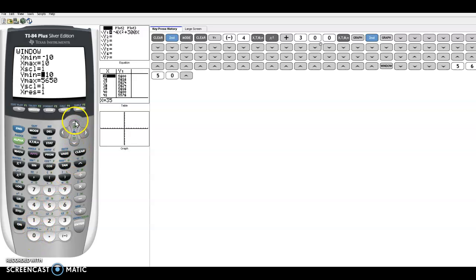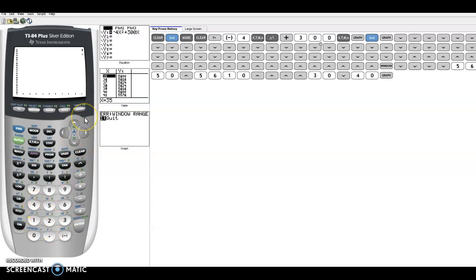And the Y minimum, let's go 5,610, because that's below what we saw as the max. We knew the X value was right around 37, so we'll change our minimum to 30 and our maximum to 40. That should show us the peak on the graph.